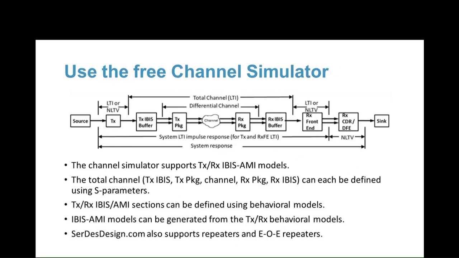There are many behavioral models that are built into this free channel simulator for defining CTLEs, FFEs, CDR, EFE, LTI models, NLTV models, as well as using the IBIS-AMI models. So it can also generate IBIS-AMI models from the transmit and receive behavioral models. This free channel simulator also supports receivers and electrical repeaters.